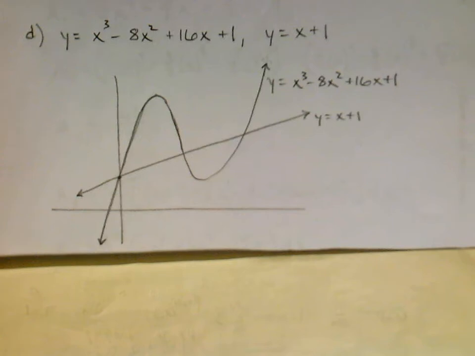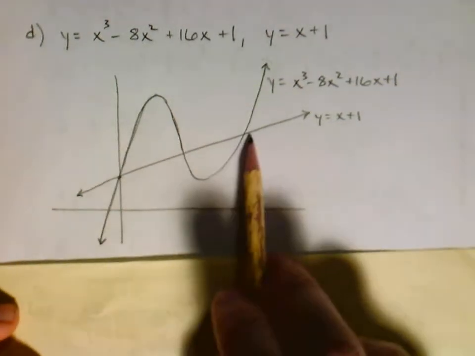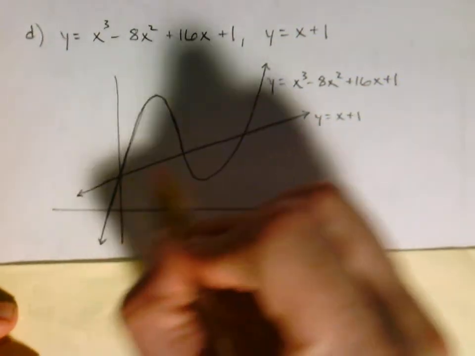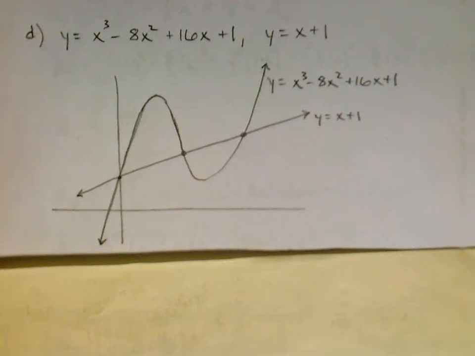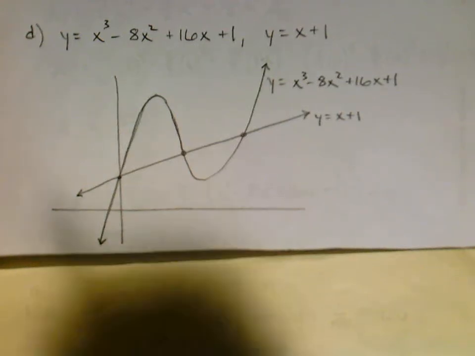Now if we're thinking, okay, find the area of the region bound by the curves, well, they cross 3 times, right? So what is the area? It turns out there's actually 2 areas.